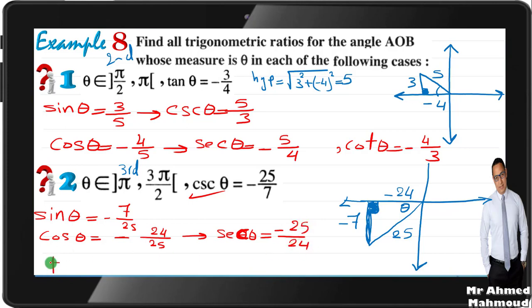Tan theta equals opposite over adjacent, negative 7 divided by negative 24, equals positive 7 over 24, and cotan theta equals the multiplicative inverse of tan, 24 over 7. Note here, all of them are negative except tan and cotan.